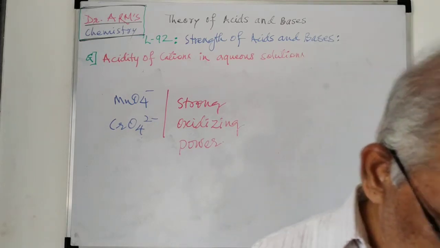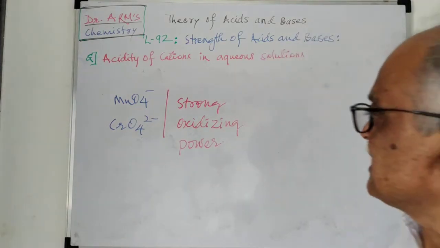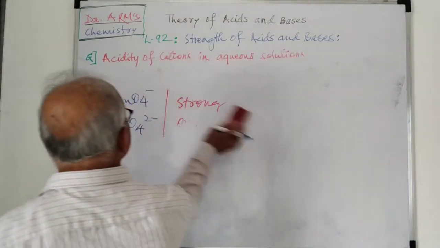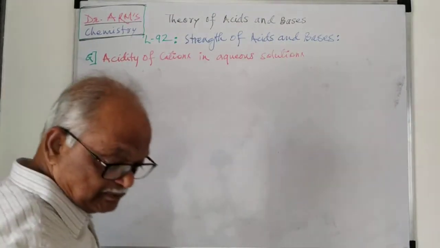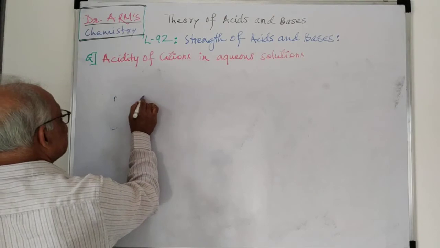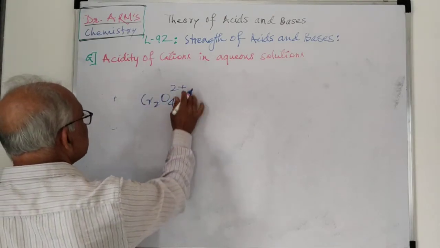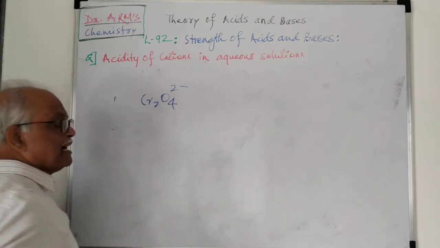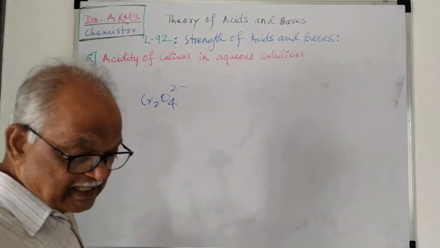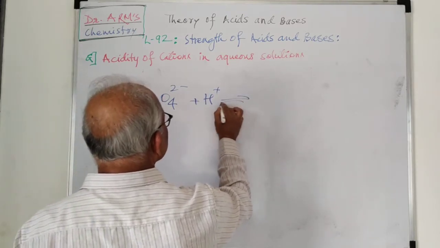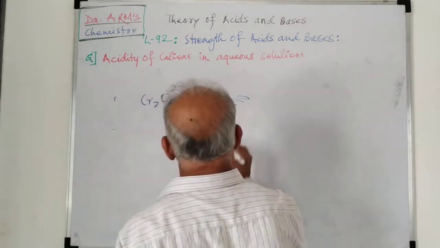Now you will see here, if we take the example of the dichromate ion, Cr2O7 2 minus, plus H plus. So this is a weak base.